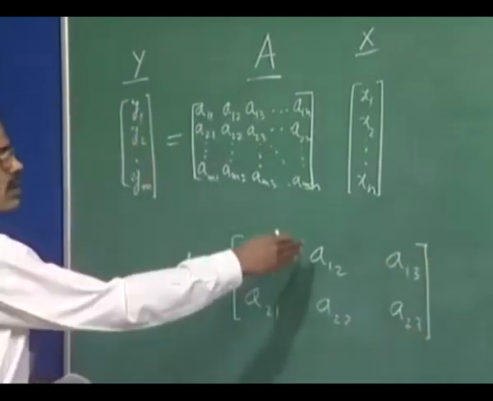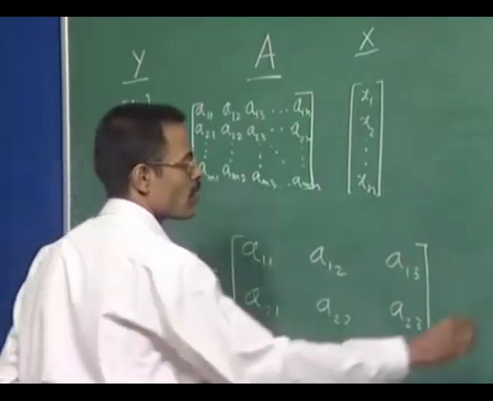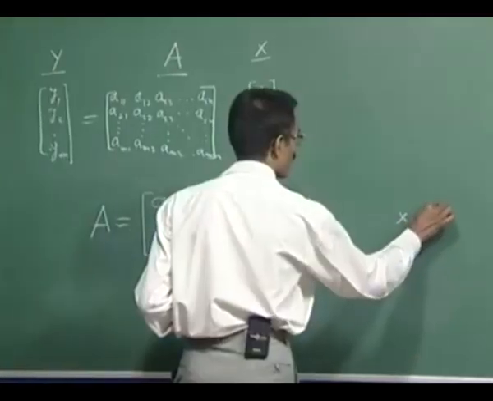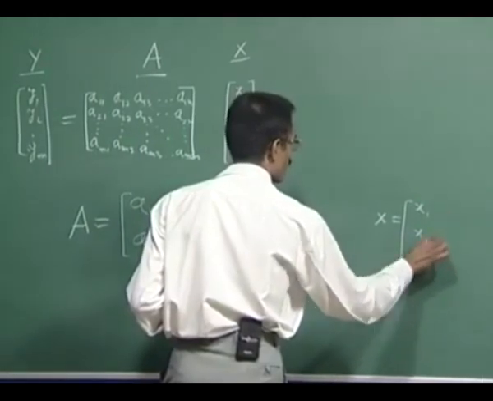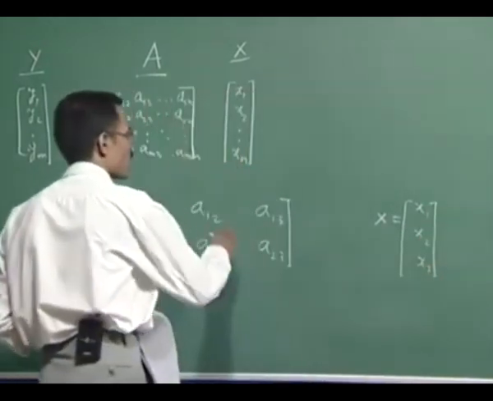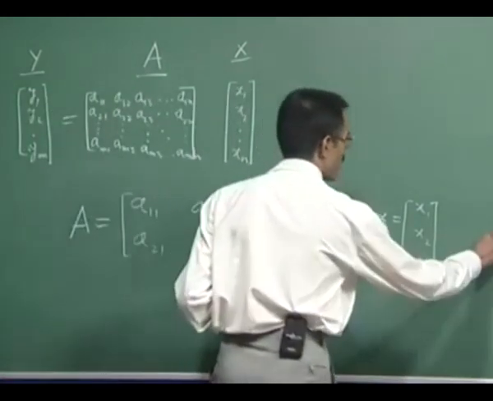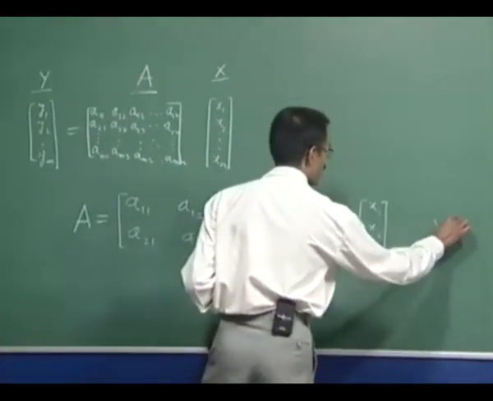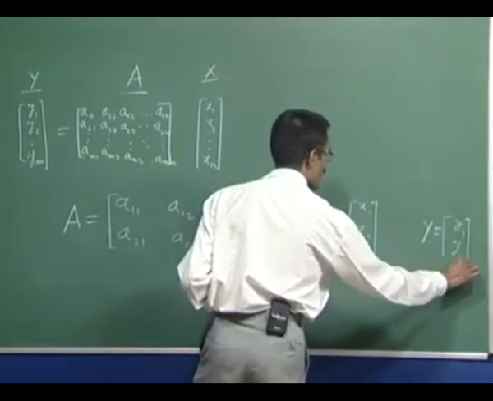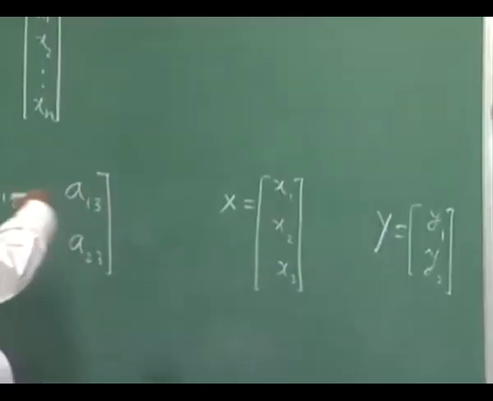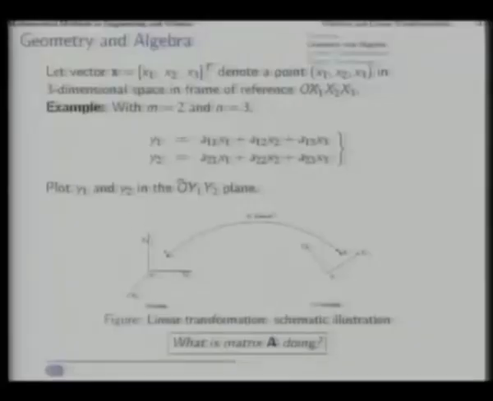Since this has 3 columns, it can multiply a vector like this with 3 elements, and as it multiplies x, we will get another vector which we can call y and which will have 2 elements, right. The detailed expressions for y1 and y2 will be like this.